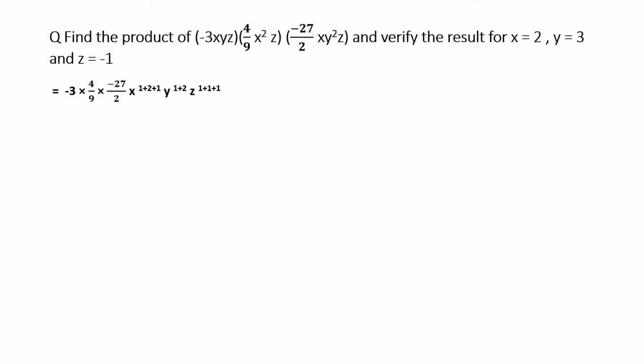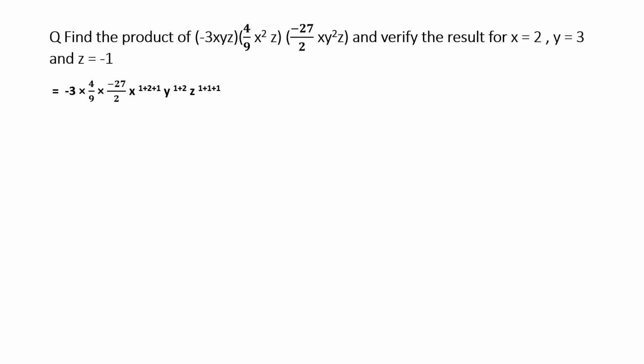Multiply the numbers separately, minus 3 into 4 by 9 into minus 27 by 2, and the terms of x we multiply separately. Now x raised to power 1 plus 2 plus 1, because the powers of x are 1, 2 and 1.